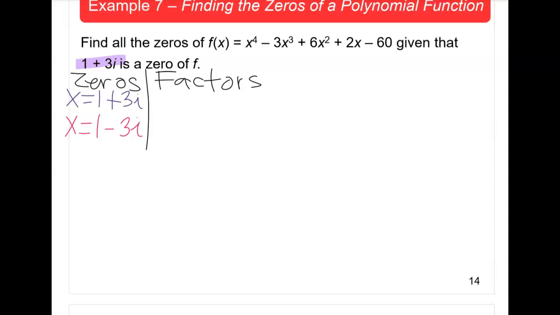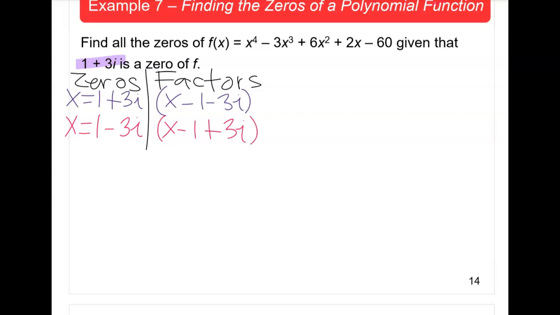Okay, so let's find the factors. From here, the factor is going to be x, I'm going to take the positive 1 across, so it's negative 1. Take the 3i across, negative 3i. For the next zero, the factor will be x minus 1 plus 3i.